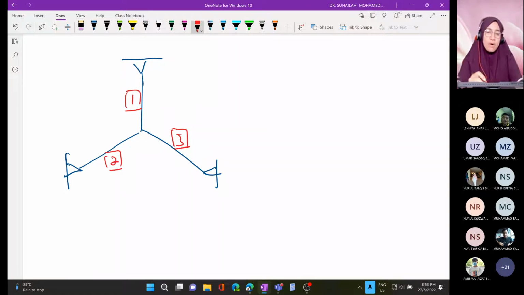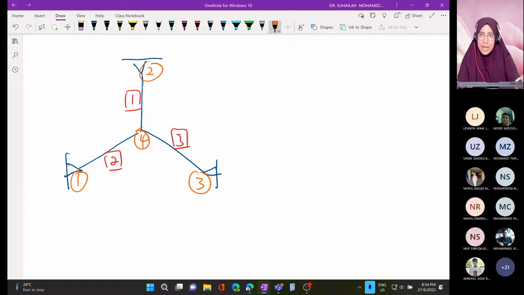So there are 4 nodes. Node number, let's start from this: 1, 2, 3, 4. Actually, in order to determine K, or to establish K, we don't need to have loading. But when we want to solve, later we will have loading. Displacement will only occur when there is loading in the structure.